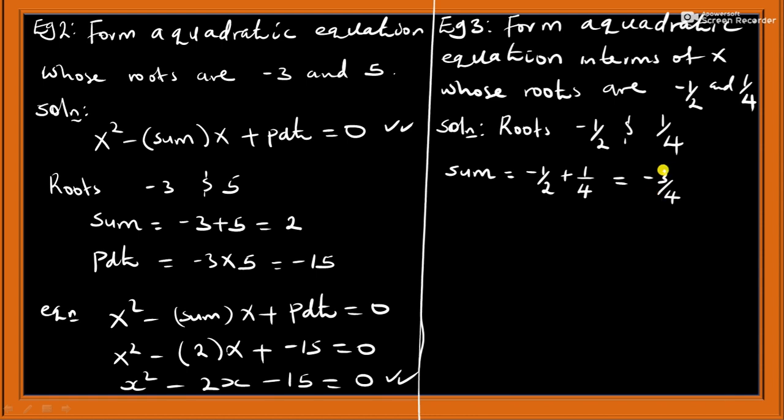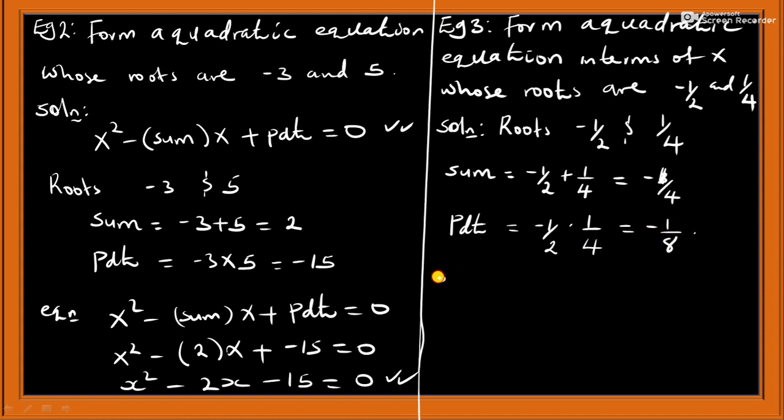Yes, you'll get 1, sorry. It is going to be 1 over 4. LCM is 4. 4 divided by 2 is 2, 2 times 1 is 2. 2 minus 1, this is 1. Sorry for that. Then you get the product. Product is going to be negative a half times 1 over 4. This is going to be negative 1 out of 8.